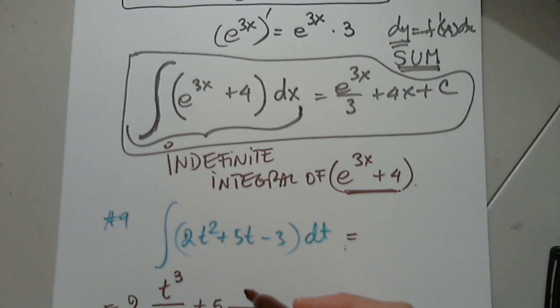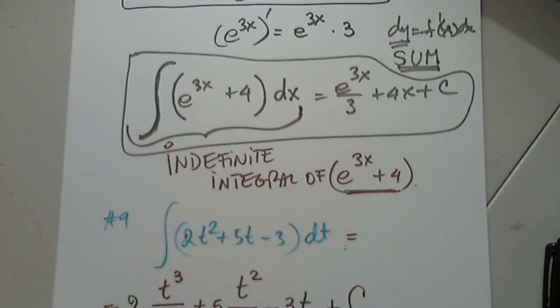Anyone please give it a try? T squared divided by 2. We increase the power by 1, and we divide by the resulting number. Minus, which function prime is 3? 3t. Yes, very good. Perfect. Yes, x or t doesn't matter, but since we have t, we have to write t. Plus a constant c.